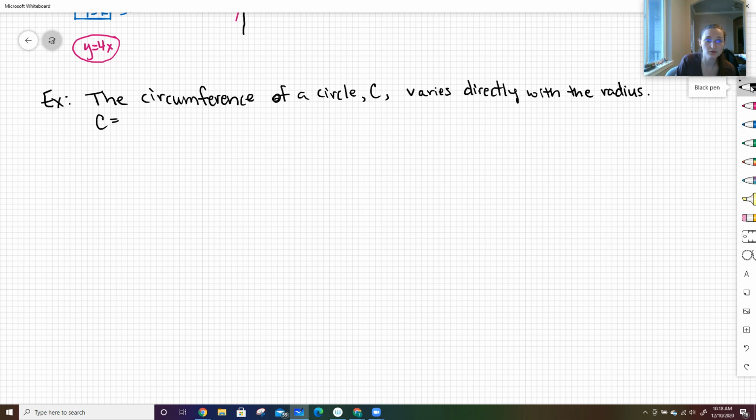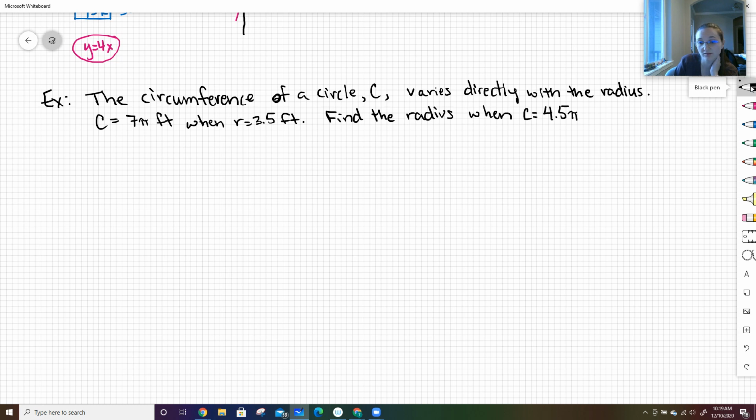C equals 7 pi feet when r equals 3.5 feet. Find the radius when C equals 4.5 pi feet.